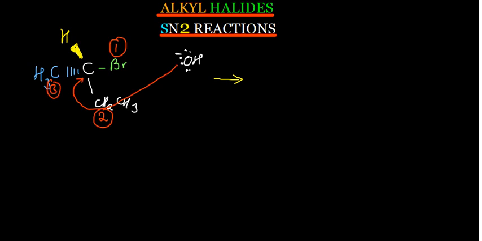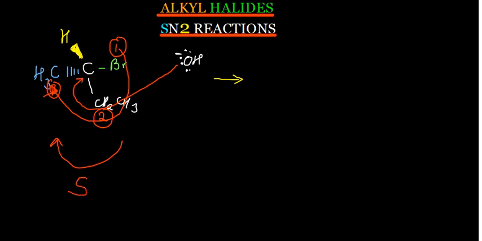Now, the hydrogen, we'll not give it any number. That is the 4th group. So you can see that this is going in this direction. 1, 2, 3. So what direction is this? This is a clockwise direction.